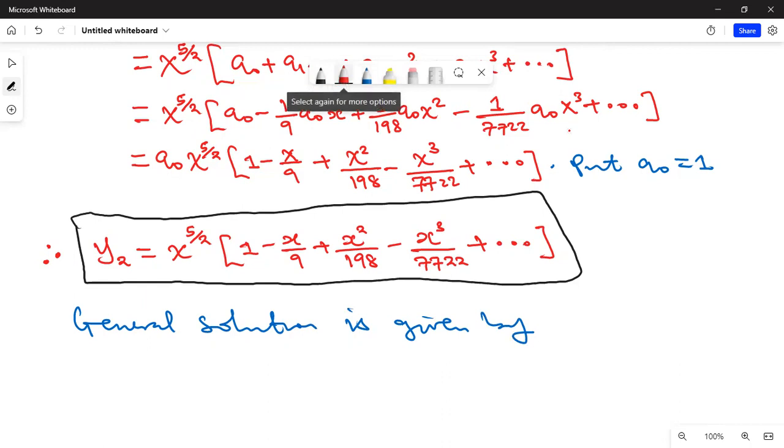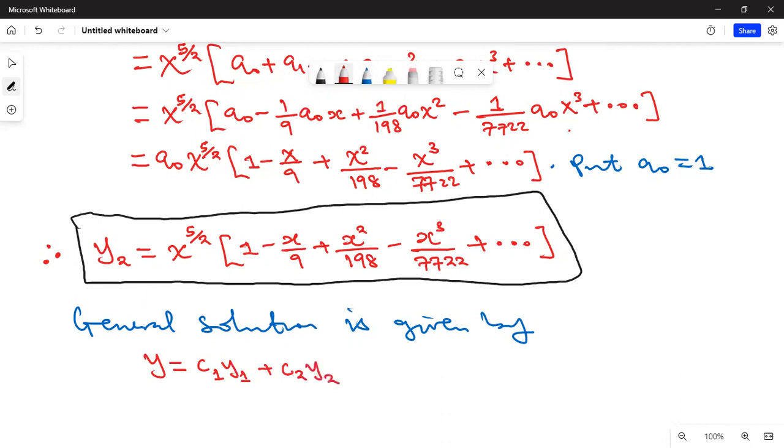let me use another color, that's red. Y is equals to an arbitrary constant C1 times Y1 plus another arbitrary constant C2 times Y2.